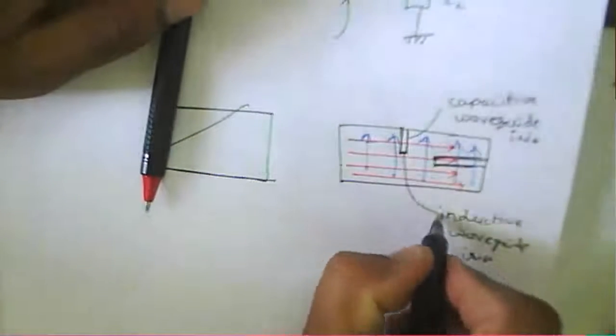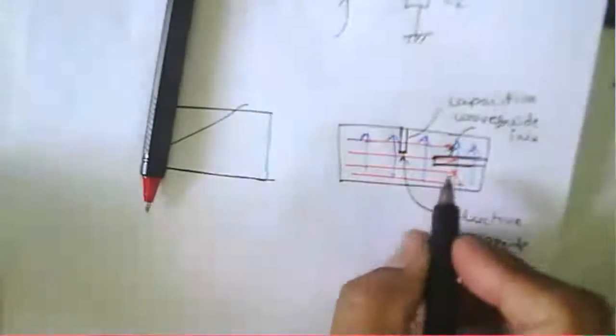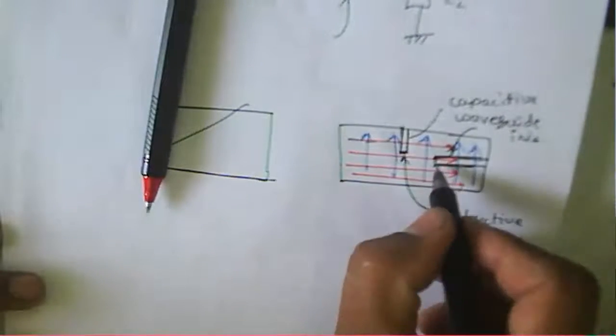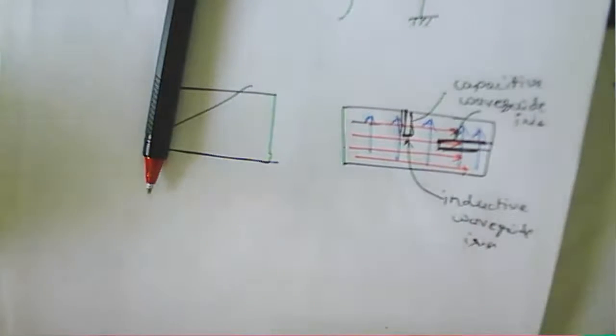Sorry, here this one is the inductive one and this one is the capacitive one, because one is placed in an electric field and the other in a magnetic field.